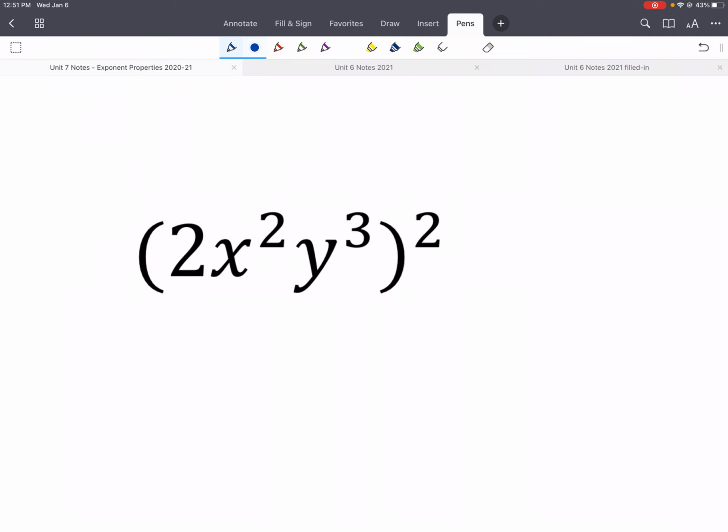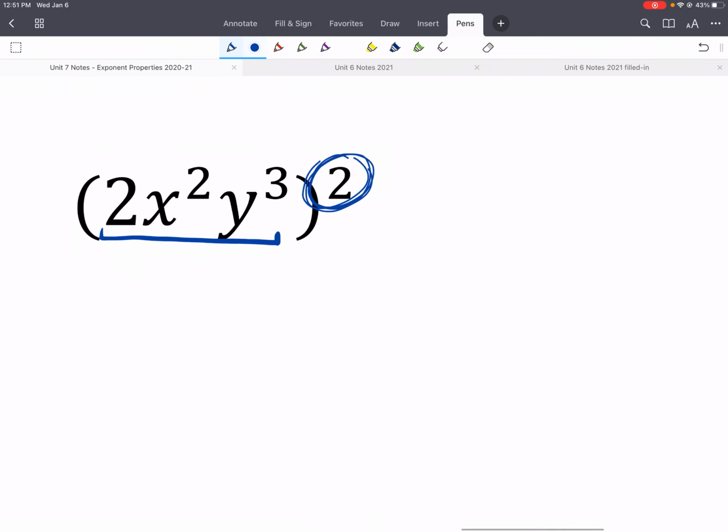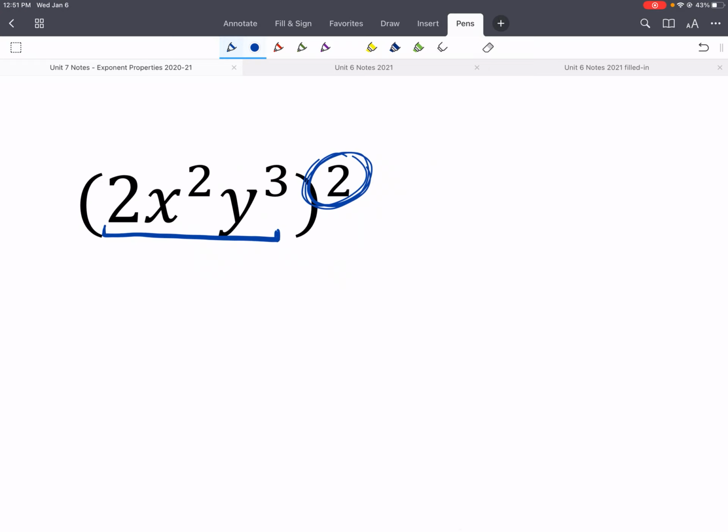Let's try one more. Now we have our outside exponent. What's inside that parenthesis is going to be our base. That means we're going to multiply the base by itself 2 times. That would be 2x squared y to the third times 2x squared y to the third.